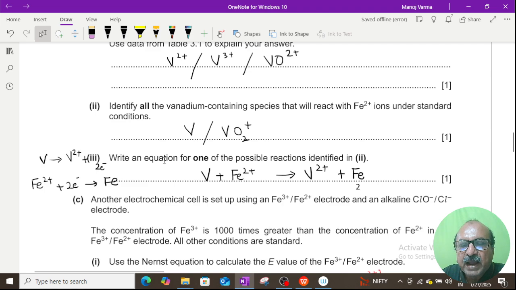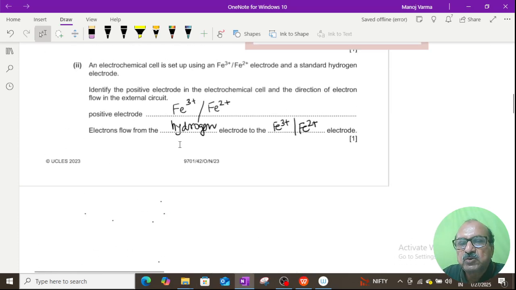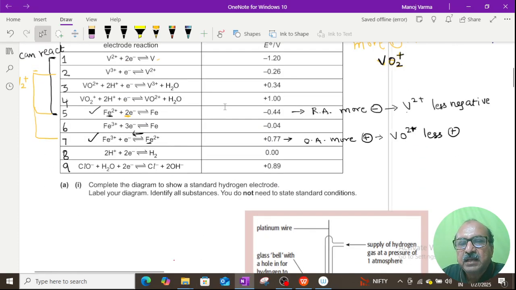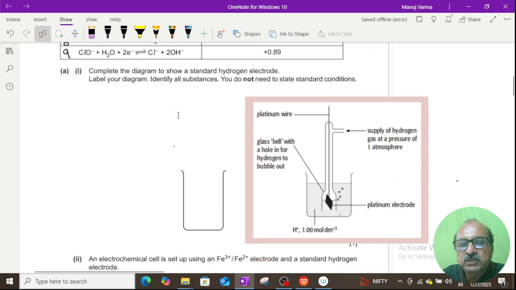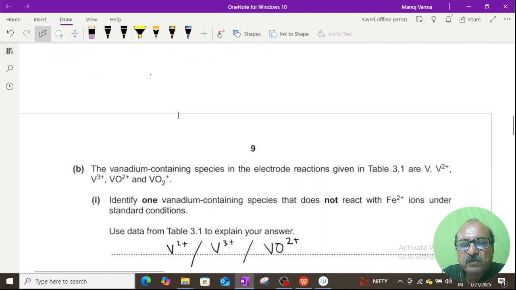Now we go to write an equation for one of the possible reactions identified in 2. Let us say that vanadium can react. Vanadium is a strong reducing agent, as you have seen, because it has a minus 1.2 electrode potential. A reducing agent loses electrons. So let's write the reaction for that.